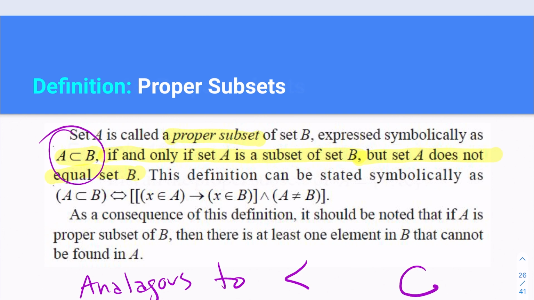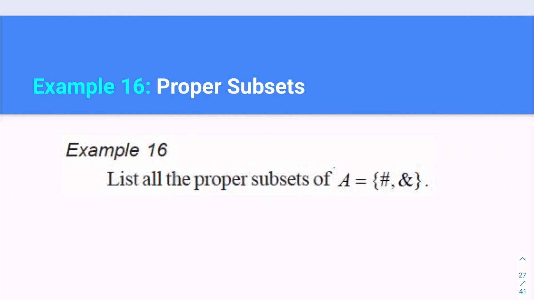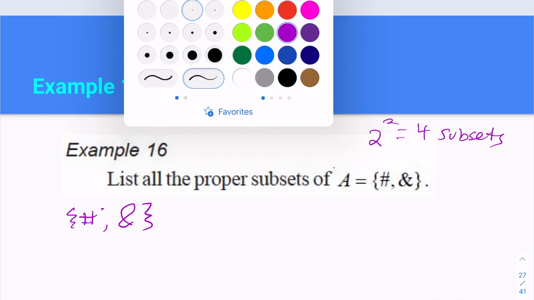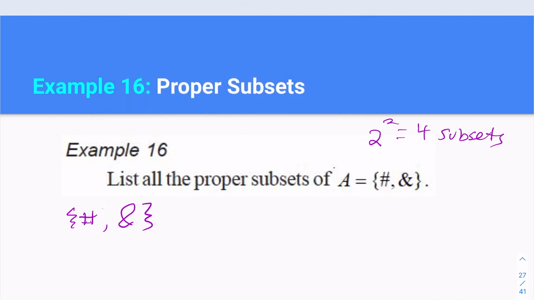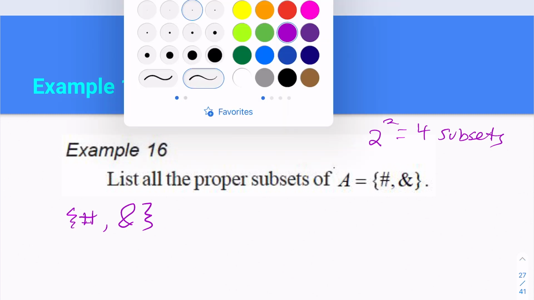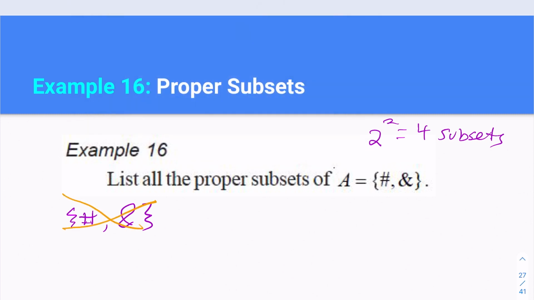It's that. In example 16, we have to list all the proper subsets of A, and there's 2 elements. So let's see, the number 2 to the second power means there's going to be 4 subsets. So what are they? They're the set itself. Well, that would be a subset, so I'm going to write it, but I'm actually going to cross it off as well, because this is not a proper subset.